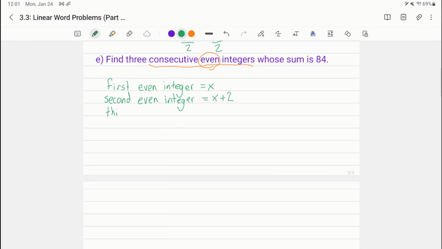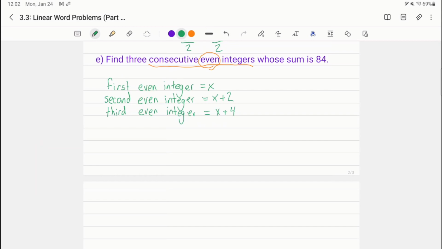And then our third even integer, well, it's 2 away from that. Well, that means I add another 2, so that would be x plus 2 plus 2, or x plus 4.